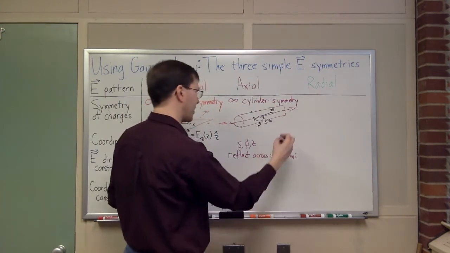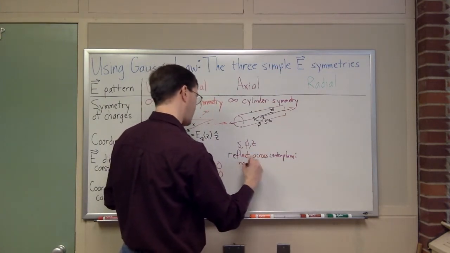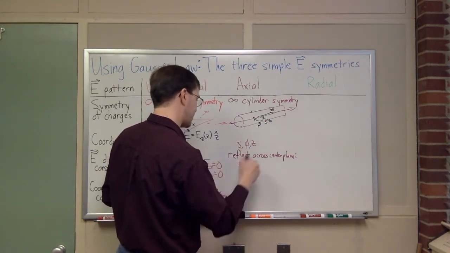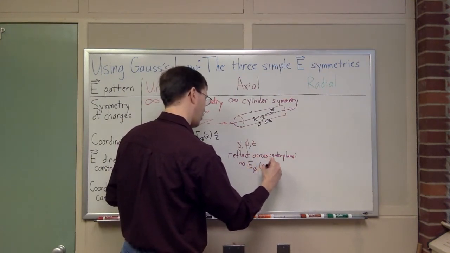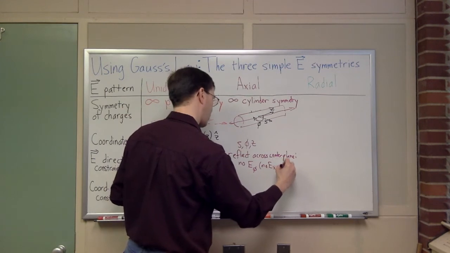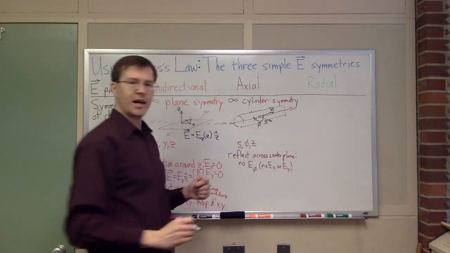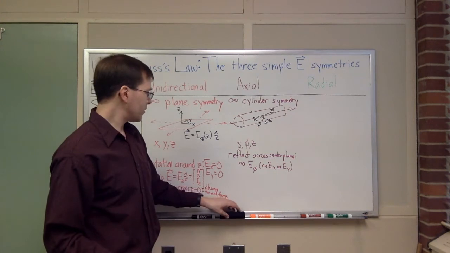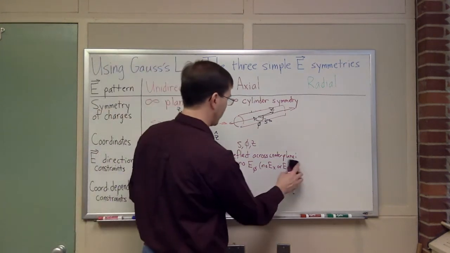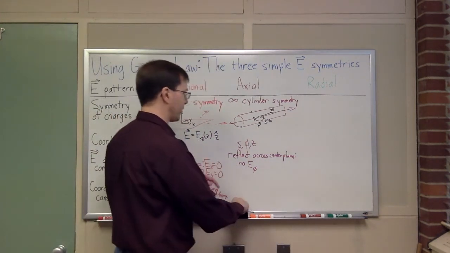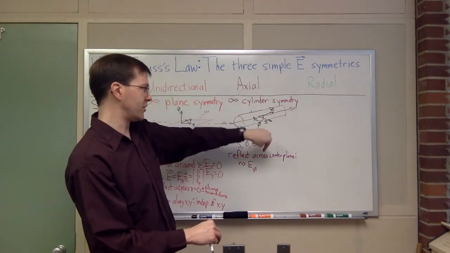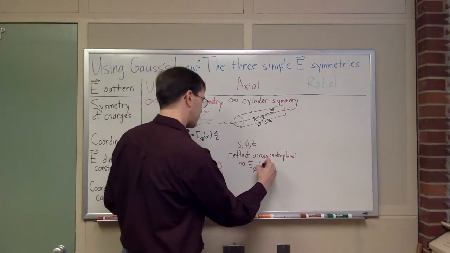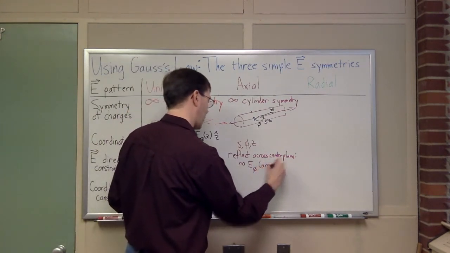That reflectional symmetry means that there's no electric field in the phi direction. There can't be anything that goes around the cylinder.